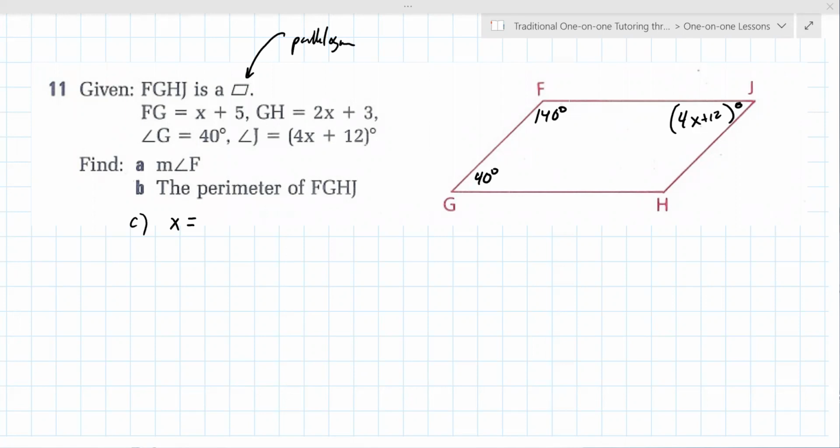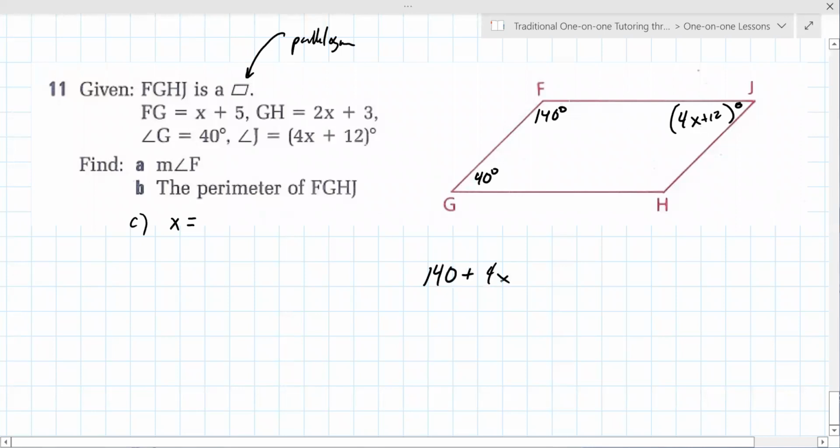X equals 7. Okay. And what did you do to calculate X? What did you set equal? 4x plus 12 equals 40. Good. It would also work if you were to write 140 plus 4x plus 12 equals 180, because when you subtract 140, you get 4x plus 12 equals 40.